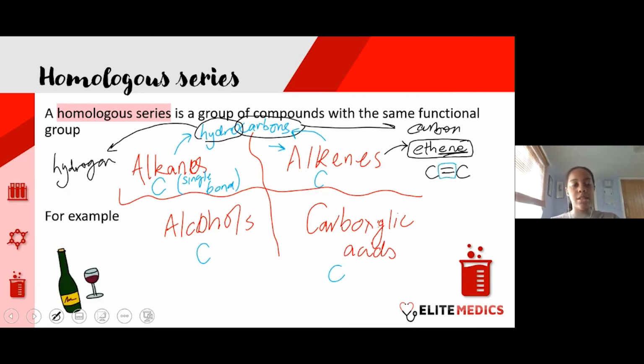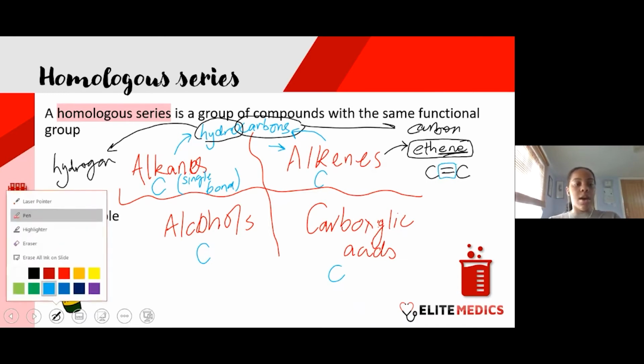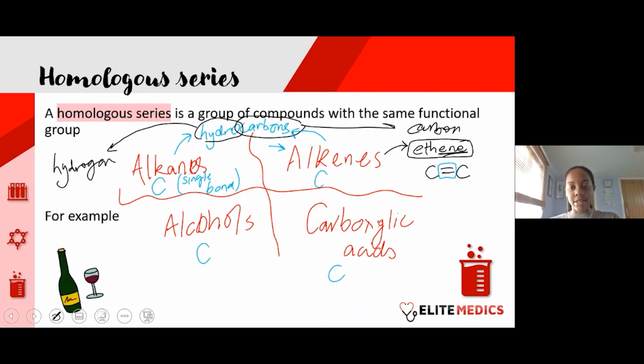Okay, so it looks like an equal sign. And alkenes are unique because they have that double bond. All right, so what we'll also find is that this is how we draw our ethene structure, okay?